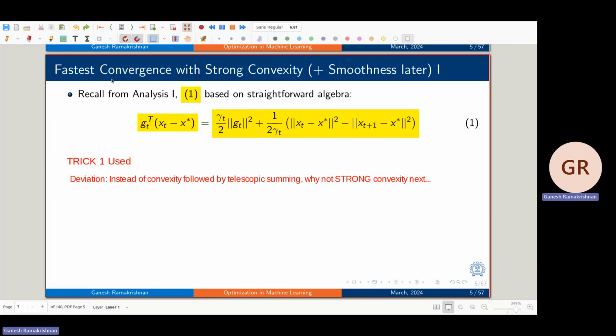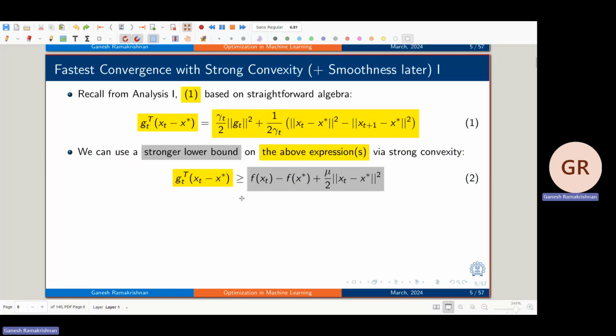This g_t transpose (x_t minus x star) is upper bounded by a term that involves the strong convexity. What is that strong convexity? f(x_t) minus f(x star) plus mu by 2 norm of x_t minus x star squared.